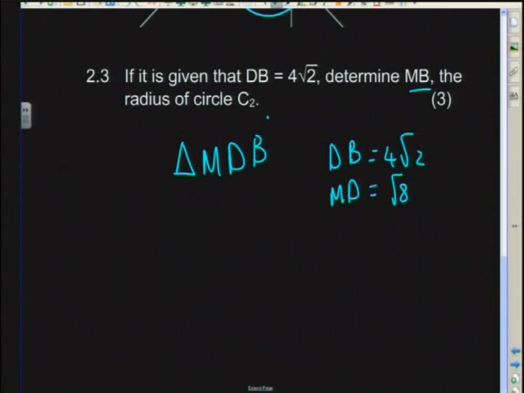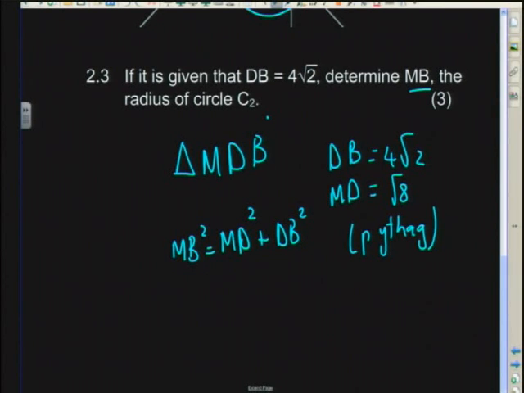Okay, so to find MB, we're going to say, using Pythagoras, MB squared is equal to MD squared plus DB squared. And the reason we can use Pythagoras is because we know radius is perpendicular to tangent, which gave us that 90 degree angle.